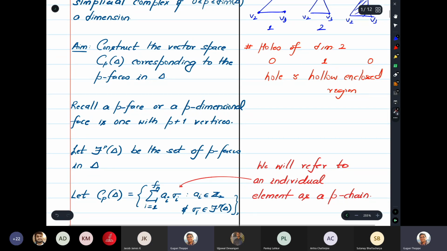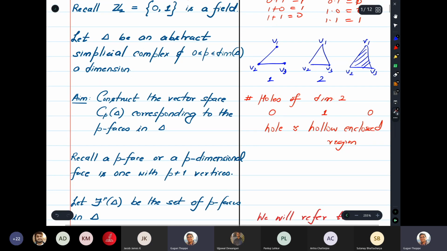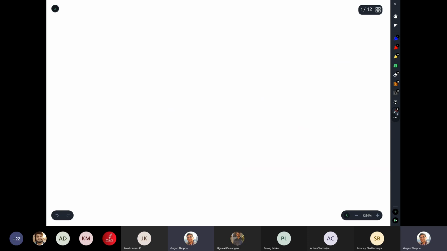And that is a face in delta with p plus 1 vertices, right? And we want to use these p faces to construct a vector space. That's our goal. How this vector space will eventually be useful for counting holes, we will discuss later. At this point, the only goal is to construct a vector space.